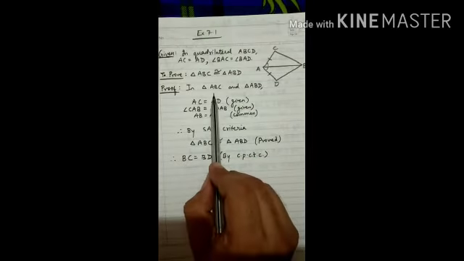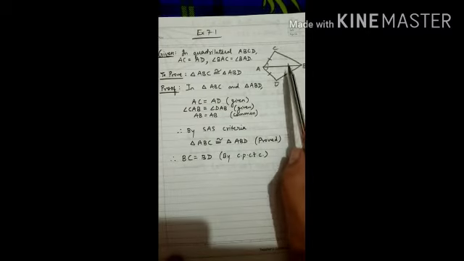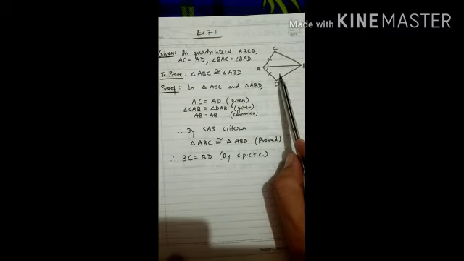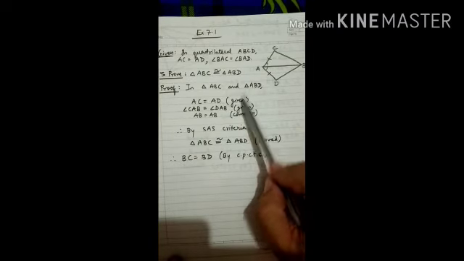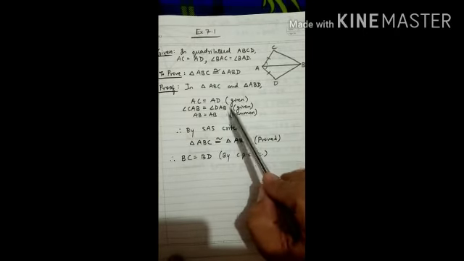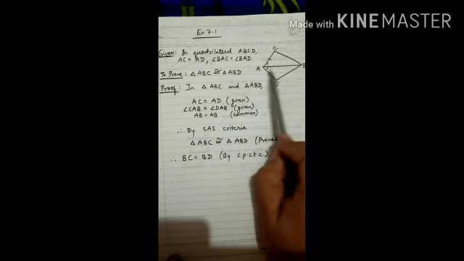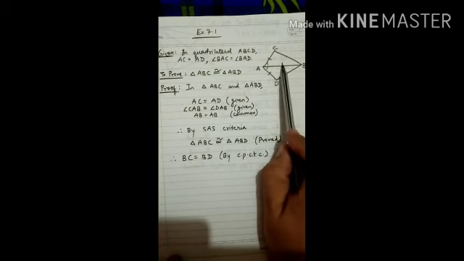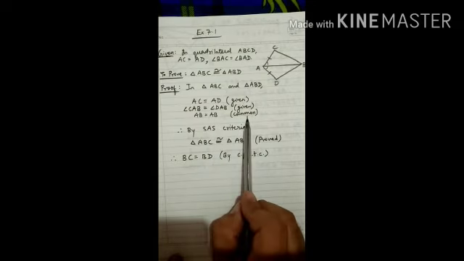So we will take triangle ABC and triangle ABD. In triangle ABC and triangle ADB respectively, AC is given equal to AD, angle CAB is given equal to angle DAB, and we can see that side AB is common in both the triangles. So AB equals AB, a common side.